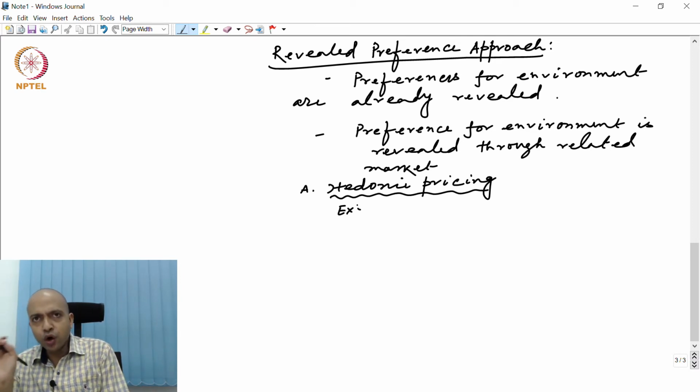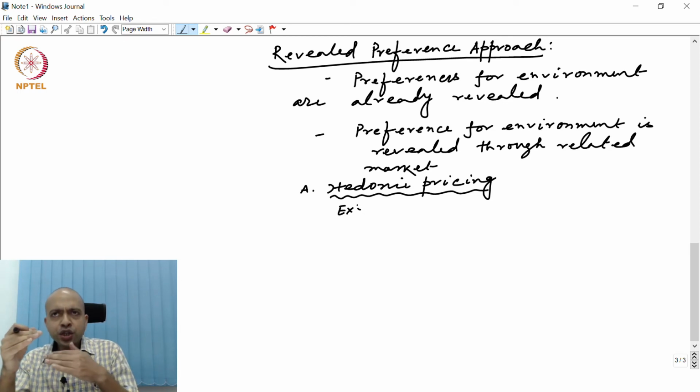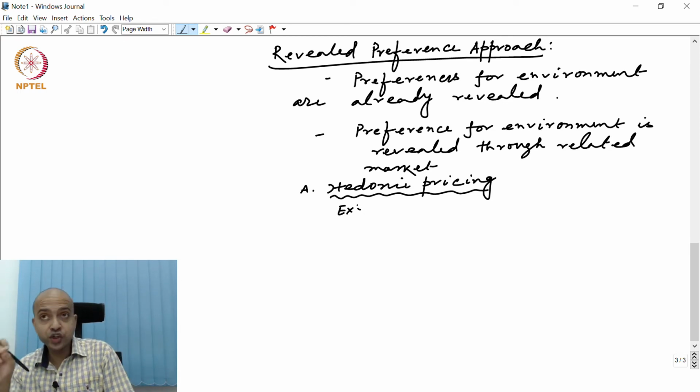A price of a house, how much you will be paying for a house depends on some attributes. What are those attributes? Some attributes are very specific to the apartment. For example, what is the square feet, what is the carpet area, in which floor the apartment exists, how many bedroom it has, whether it has any attached balcony or not, whether it is a north facing or south facing, whether there is a proper ventilation or not. So these are all apartment specific feature that determines the price of a house.